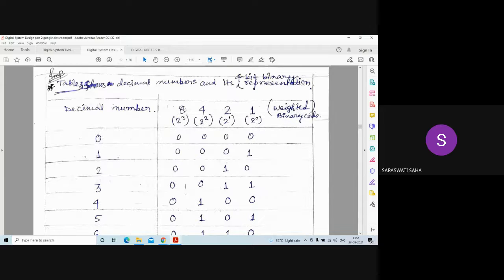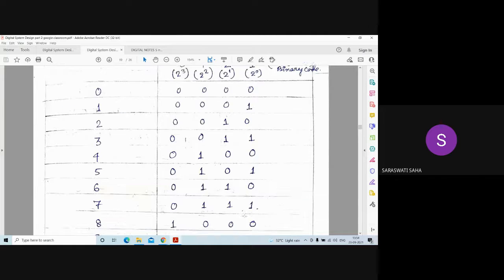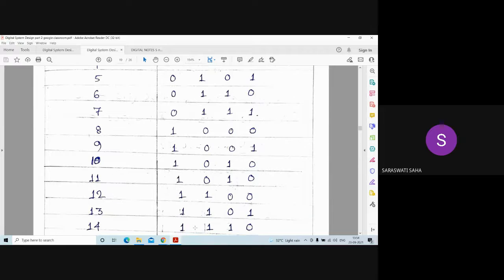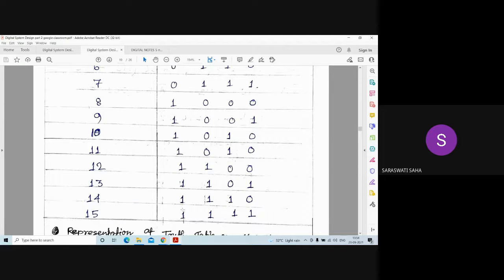See, 8 plus 4 plus 2 gives us 14, so the last bit will be 0. 8 plus 4 is 12, 12 plus 2 is 14, and here it is 0. So 14 in binary is 1110. Clear?